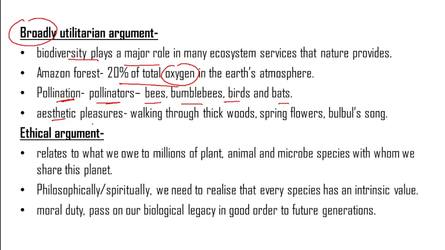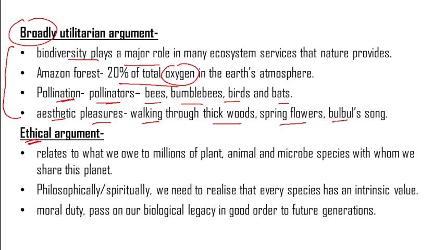There is aesthetic pleasure if we walk through thick woods, see spring flowers, and hear the bulbul song. All this is provided to us by nature, by biodiversity, so it should be preserved. This is the broadly utilitarian argument in support of biodiversity conservation.